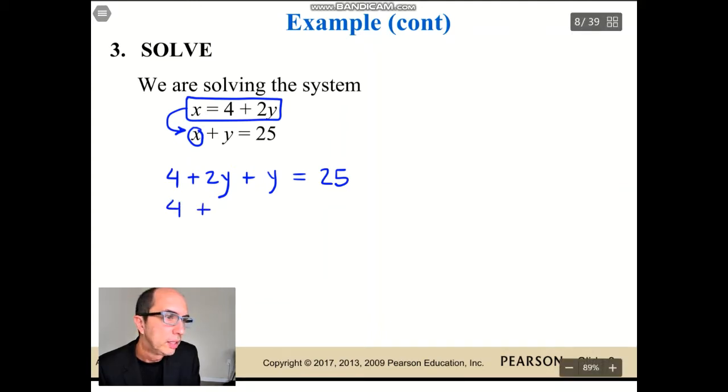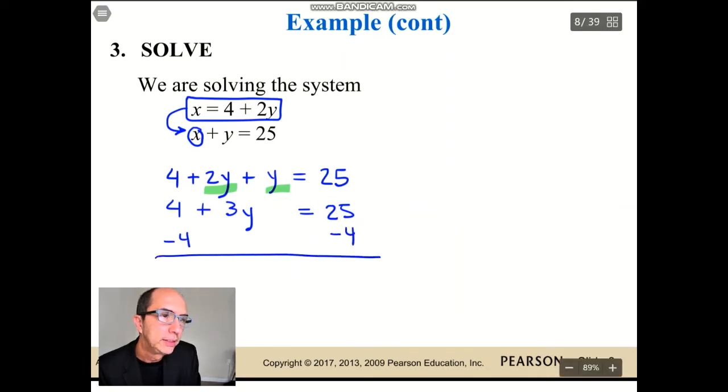We have here 2y is a like term with y, so let's combine 2y plus y is 3y, and we apply addition property. Subtract 4 from both sides, then we will have 0 plus 3y equals 25 minus 4, 21.